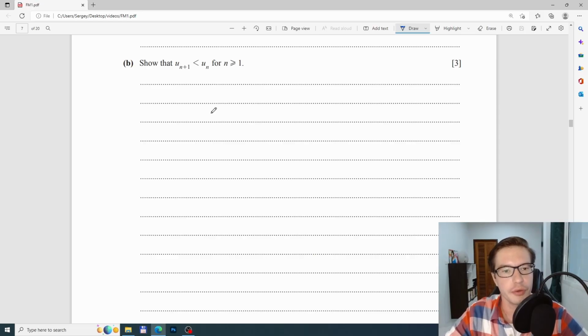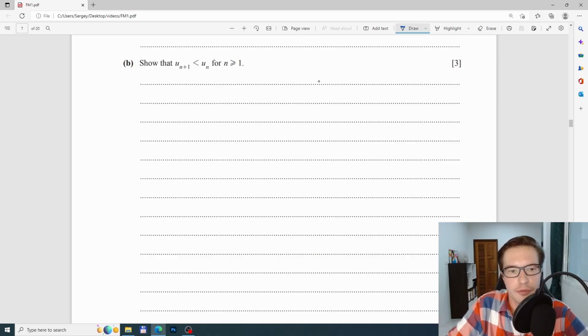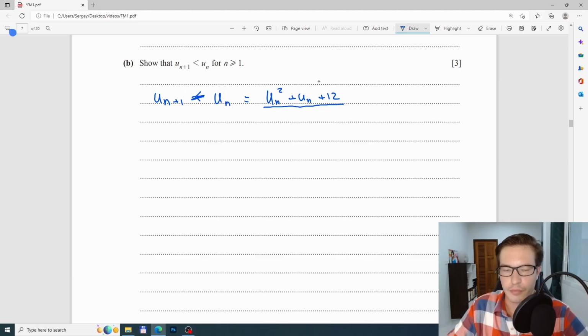I have to show that un plus 1 is smaller than un. And I will use a very similar technique to what I've used in question A. I will consider the difference between un plus 1 minus un. Let's use the formula for un plus 1, which is (un squared plus un plus 12) over 2un minus un over 1.